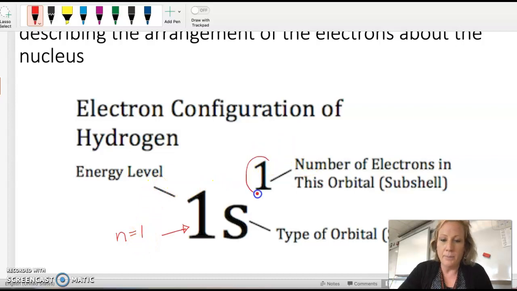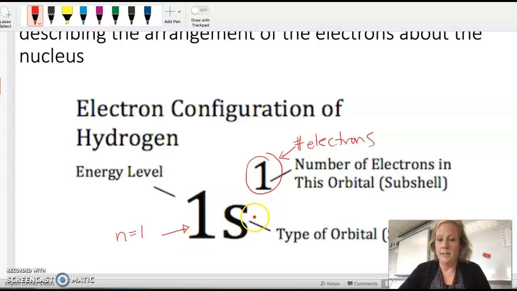The superscripts are the number of electrons in that first energy level in the S sublevel. The letter is really the sublevel, which remember was based on the angular quantum number.